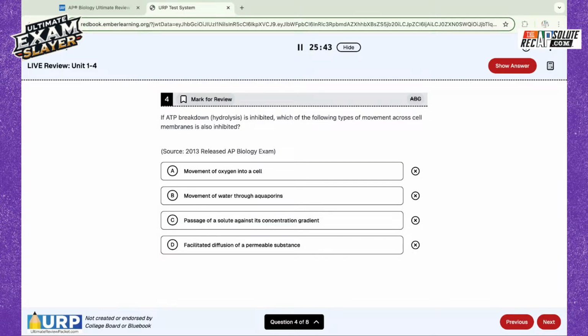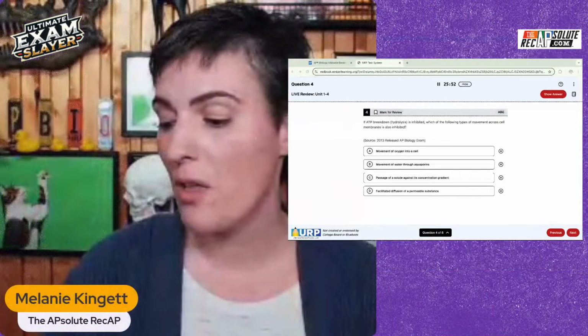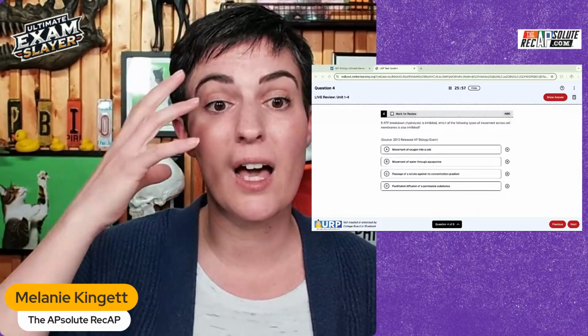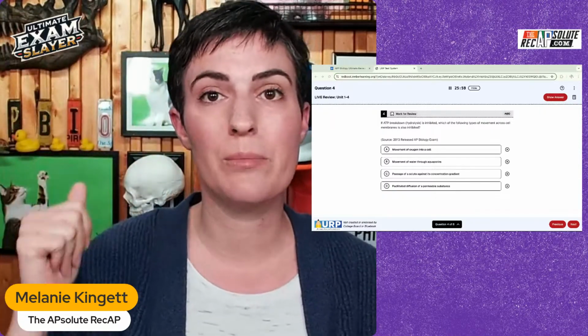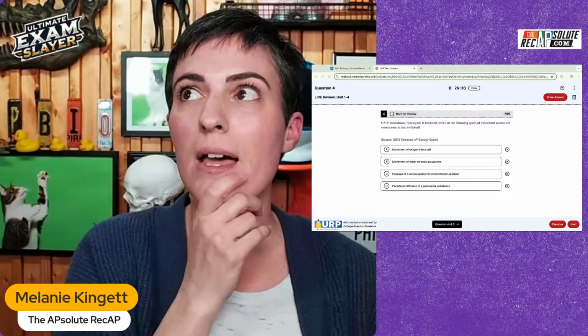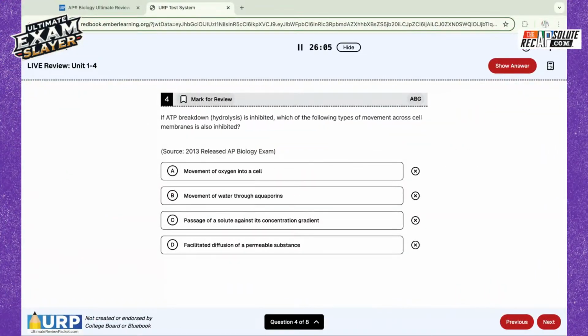So we're looking for something that would be descriptive of active transport. A couple keywords that you should be looking for: things like against, that would imply concentration gradient, things like low to high, things like into something that's more crowded. So let's see if any of the options here have that in it.